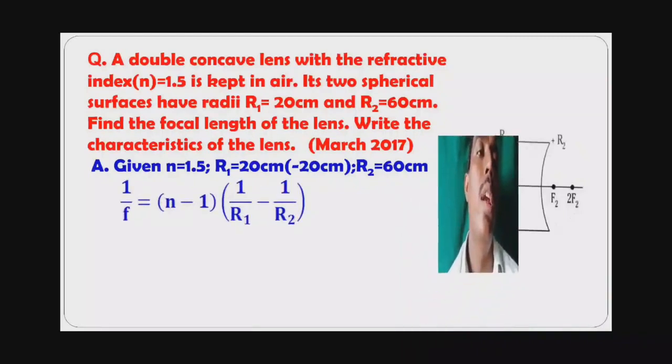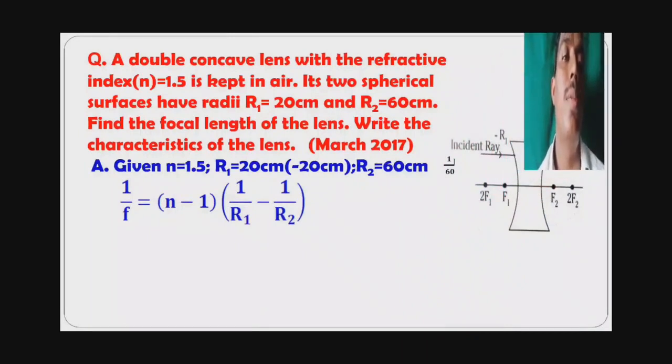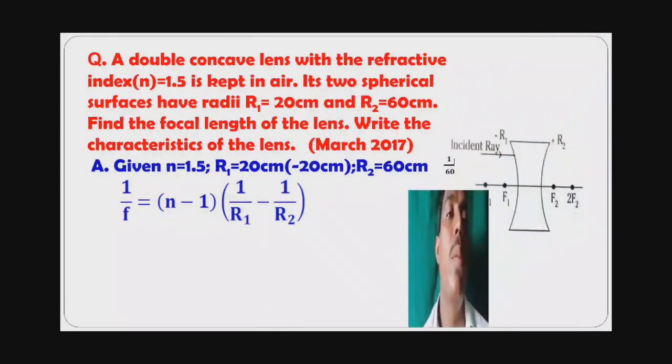Already you know the lens maker's formula: 1 by f is equal to (n minus 1) into (1 by R1 minus 1 by R2). This is the lens maker's formula.